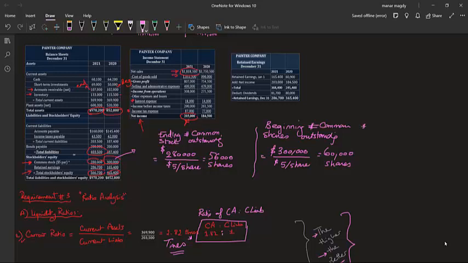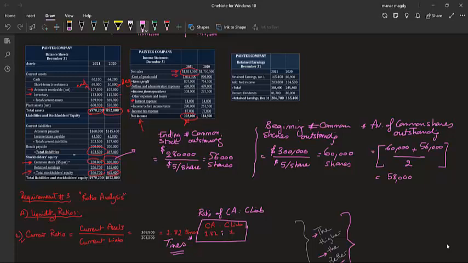So in order to get the average of common shares outstanding, it would equal the sum of the beginning number plus the ending, 60,000 plus 56,000, divided by 2. We get 58,000 weighted average number of common shares.